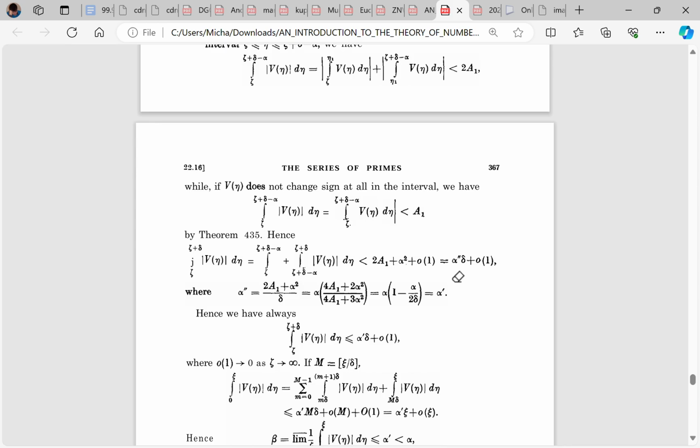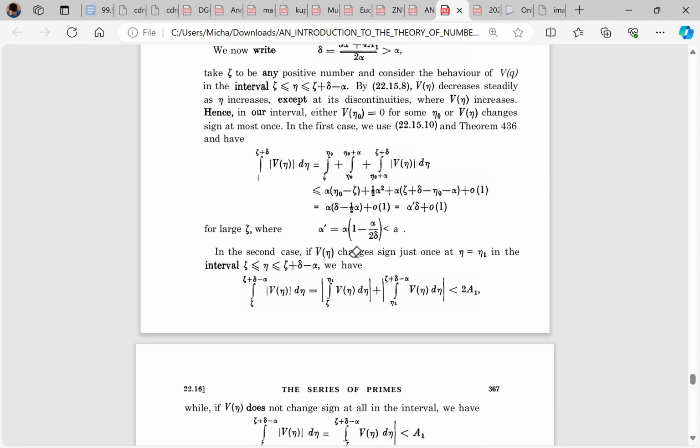Okay, and then the alpha double prime delta is just dividing this by delta here. And remember delta was something on 2 alpha. So the 2 alpha times that gets you the alpha on the outside, and the 4a1 plus 2 alpha squared. And the something was 4a1 plus 3 alpha squared.